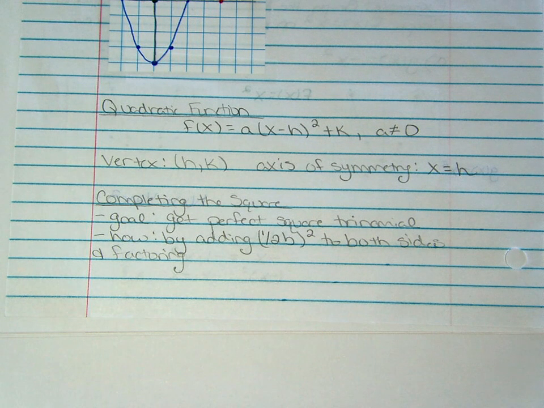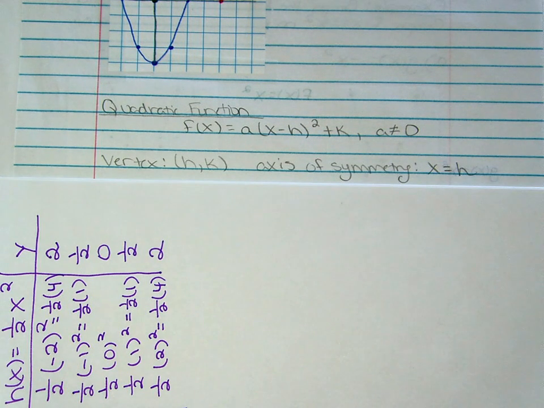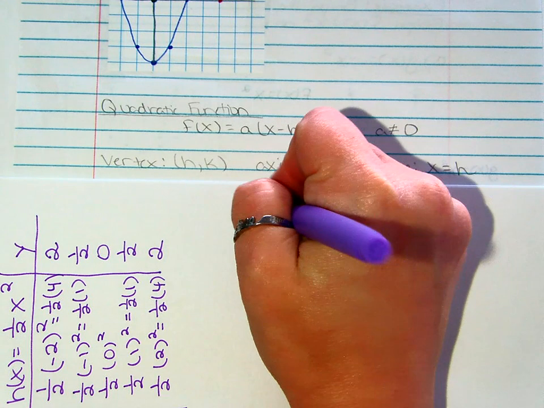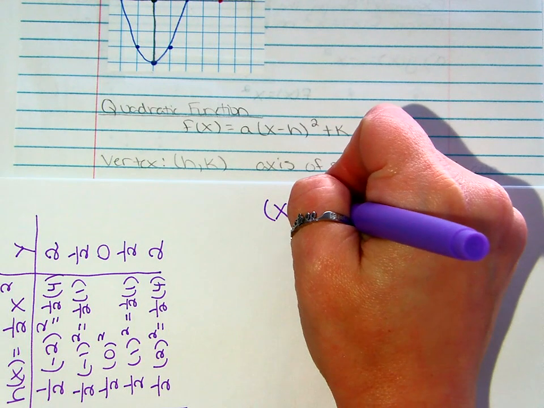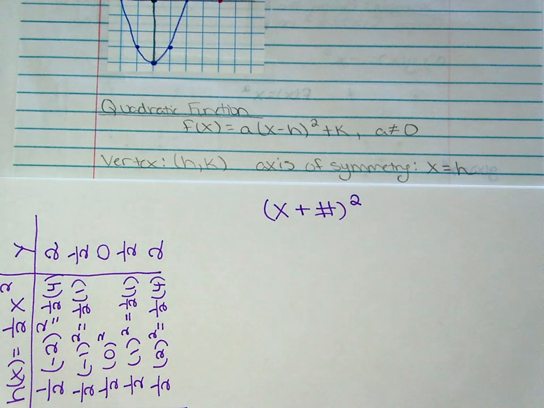But when you complete the square, your main goal is to get a perfect square trinomial. And what that means is you are trying to get something, sorry, I'm covering that for just a second, so that you have an x plus or minus a number inside here that is squared. That is a perfect square trinomial. This is what we're shooting for. Okay?